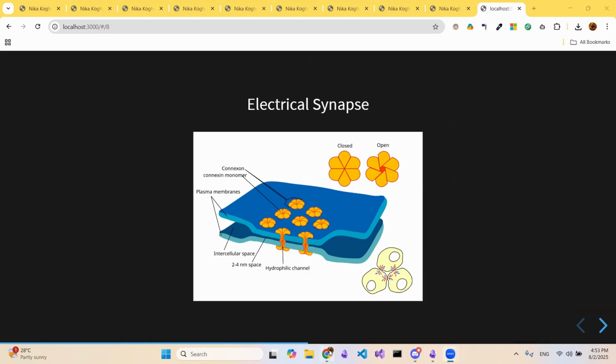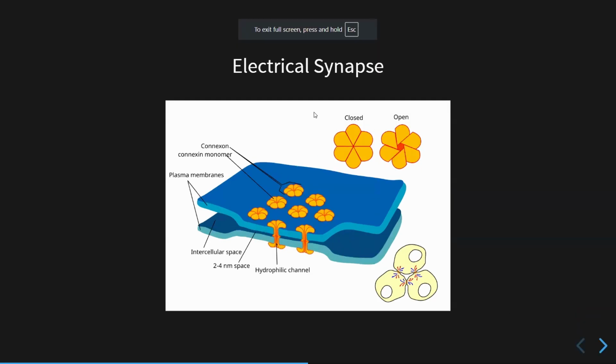Yes, please. So this is the slide of electrical synapse. And here, let's break down everything that's going on here. So first, these blue things are just membranes of a neuron. So membrane is just a wall, border that every cell has. So here you can see, imagine these are 3 different neurons. And their membranes are connected, their membranes are connected, their membranes are connected. And these orange things are the connections, and they're called a connexon.